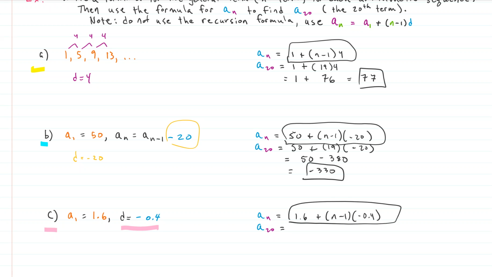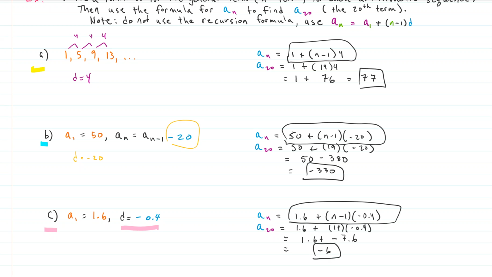Now let's find our a sub 20. We start with 1.6, and we add 20 minus 1, n is 20, so 20 minus 1 is 19, and we're multiplying by negative 0.4. 19 times negative 0.4 is negative 7.6, and we have 1.6 that we're adding to it. 1.6 minus 7.6 gives us a negative 6.